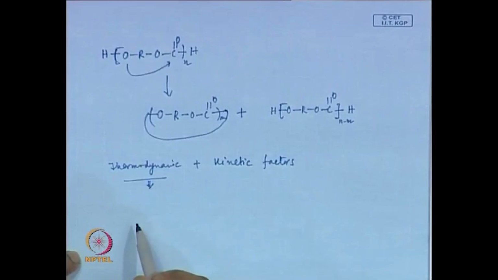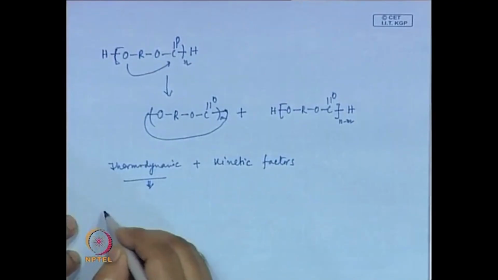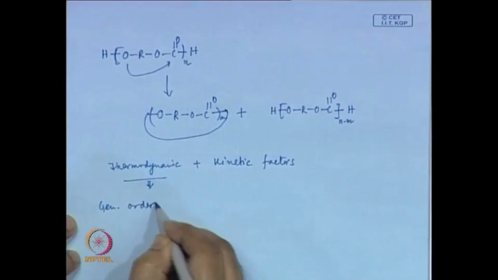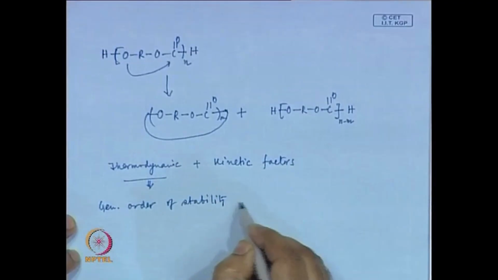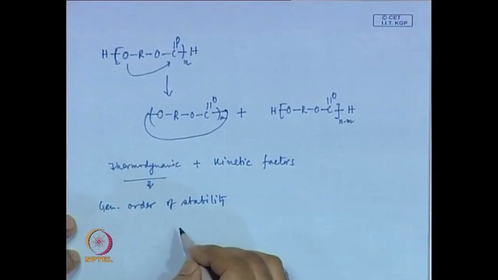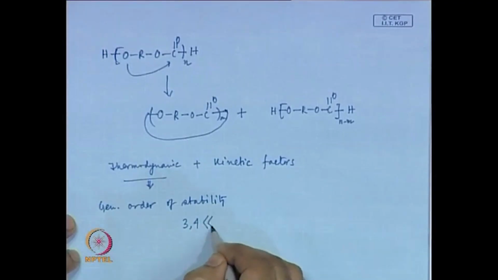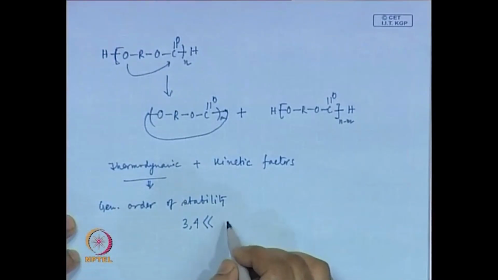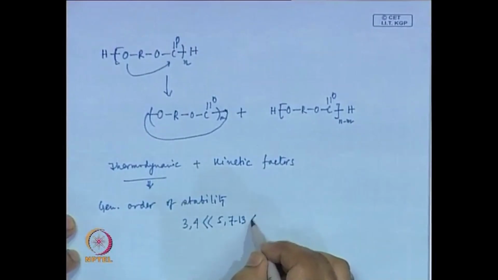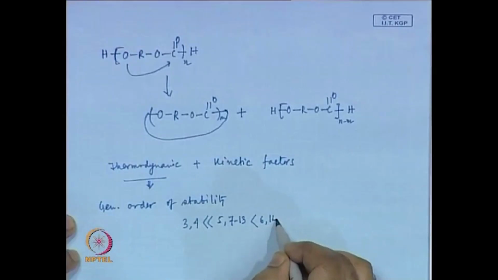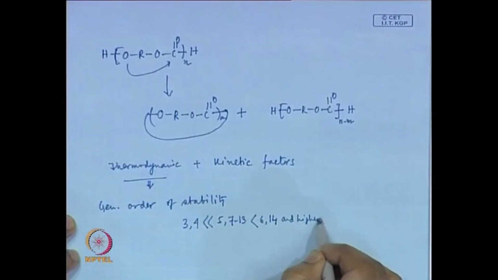For example, we know from our organic chemistry knowledge that the general order of stability of different ring structures follows a certain order. A ring containing 3 or 4 atoms is least stable, or lower in stability compared to a 5 membered or 7 to 13 membered ring, which is even lower in stability than a 6 membered or a 14 membered ring and higher.